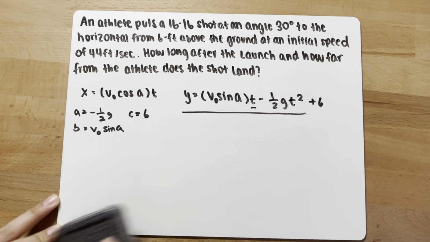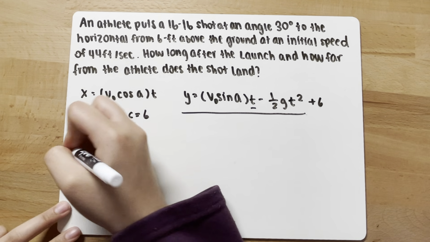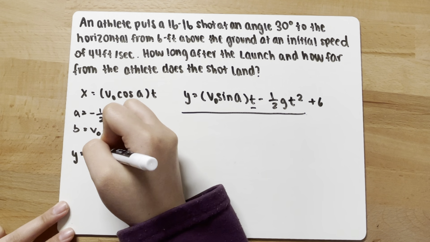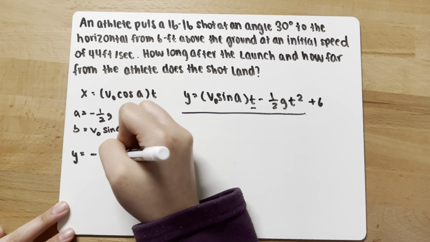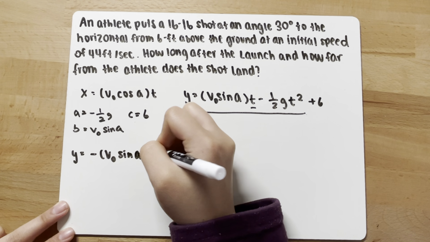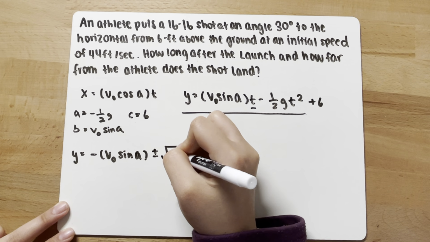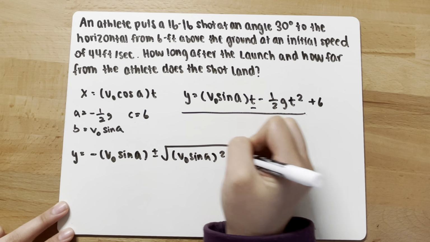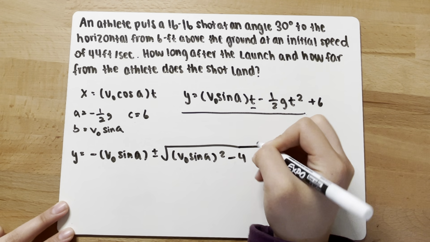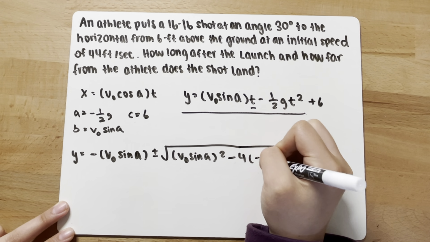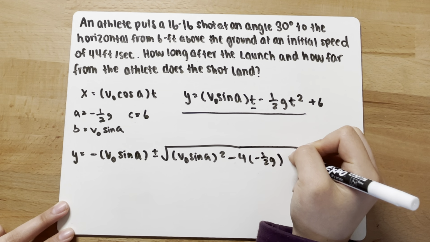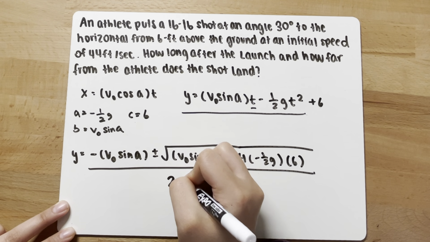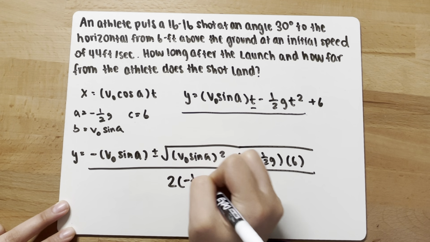So if you plug it into that formula, you get negative b, which is initial velocity sine a, plus or minus the square root of b, which is initial velocity sine a squared, minus 4ac, where a is negative 1/2 g, c is 6, over 2a, which is 2 times negative 1/2 g, okay?